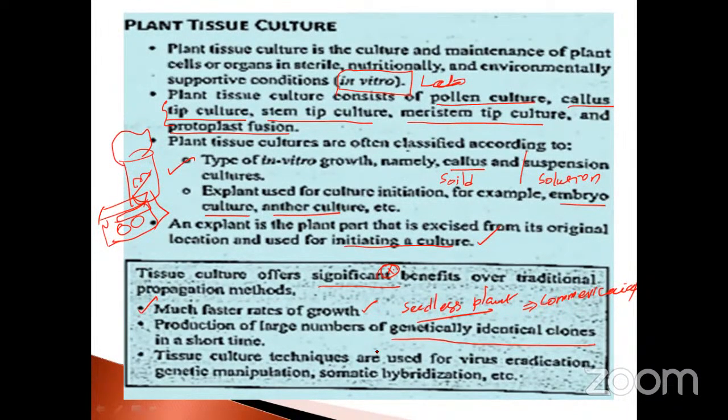How will it be possible? Only in this method is it possible within a short time. That is very, very important. Within a short time, how many plantlets can we produce? 1 lakh plantlets, 10 lakh, within the lab. Particularly a single test tube is enough for the production of this many plantlets.